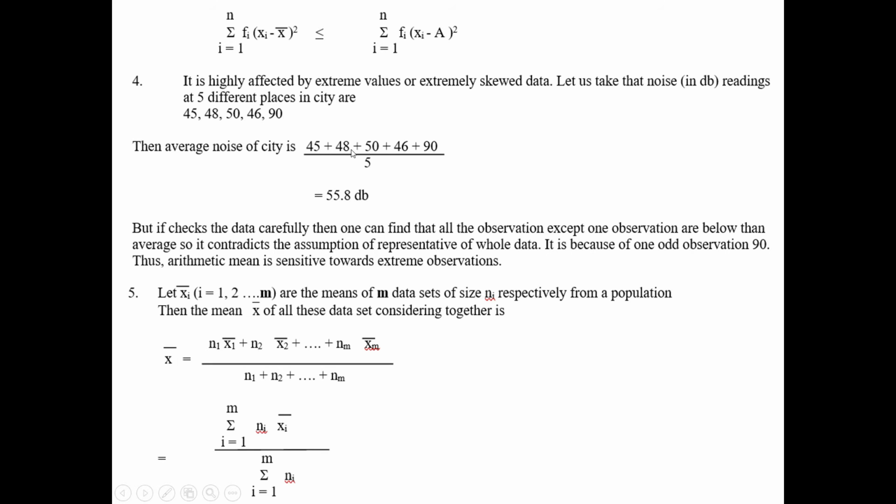Now if we take the average noise of the city, it comes out to be 55.8 decibels. Just see, only one data point has spoiled the whole game. Otherwise it is very comfortable, it may be around 47 on average, and there is a difference between 47 and 56. So it means that the mean is affected by extreme values.